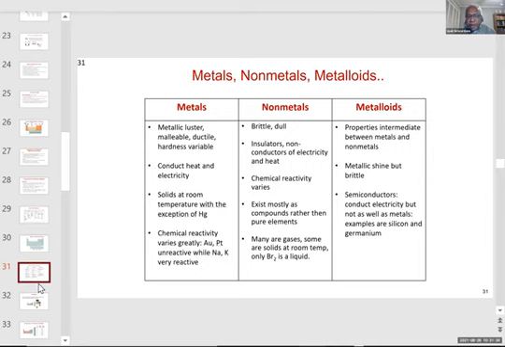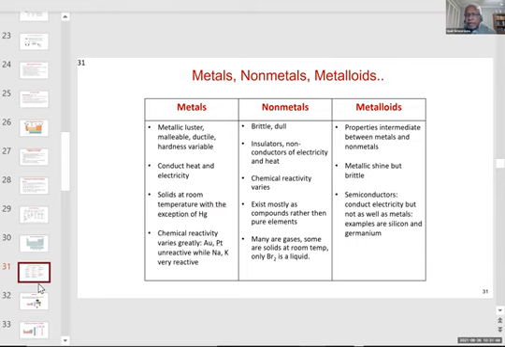Many are gases, some are solid at room temperature. Only bromine is a liquid.